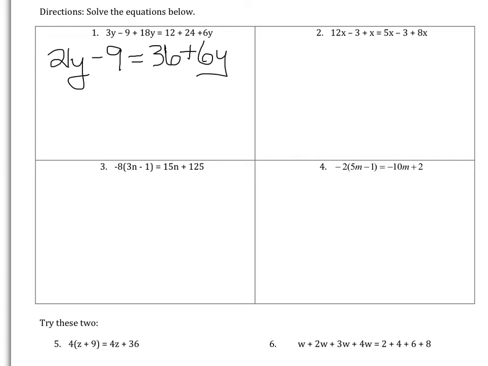Just like I have seen with previous problems, I need to get my variables on one side, or my pieces with the y's on one side and my numbers on the other. I choose to try to keep things positive if possible, so to do that I'm going to add the 9.